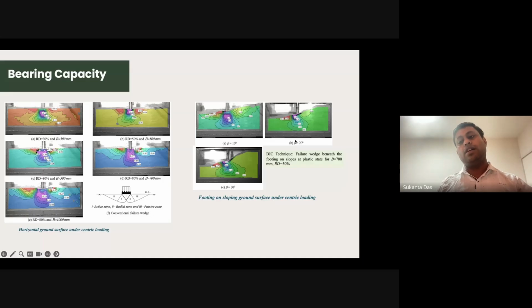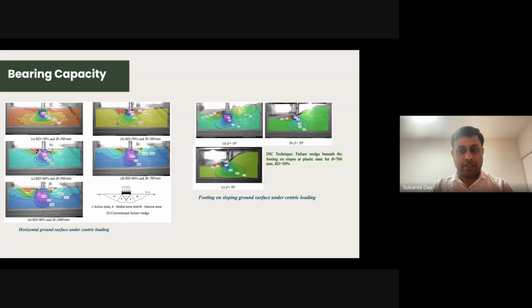Even if you increase the slope angle, you can see some sliding. Even though this is a pure centric load, the initial stress condition should not be the same as horizontal ground.